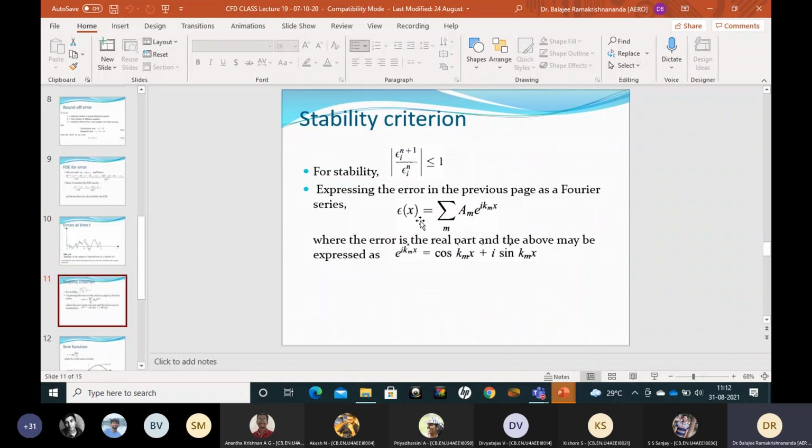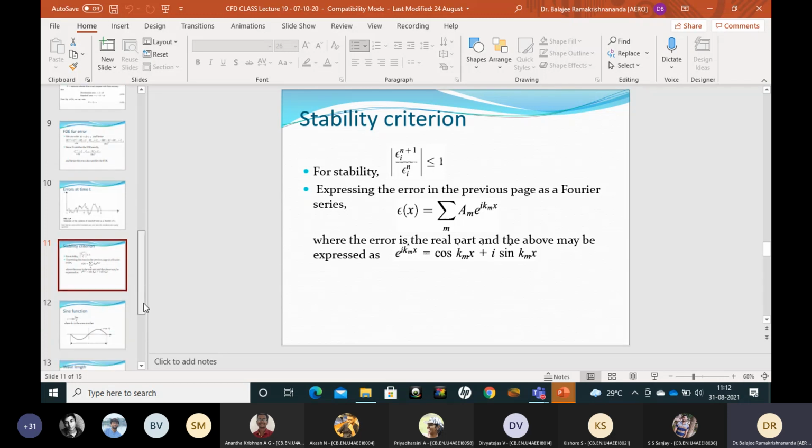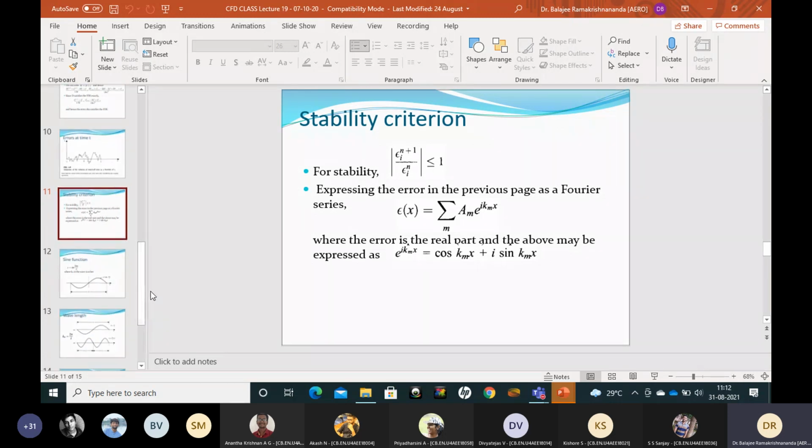So we can approximate it by a Fourier series, which is sigma a_m e power i k_m x. Now the error is the real part, so for the above e power i k_m x, you can put cos k_m x plus i sin k_m x, which means you are going for a cosine Fourier series.